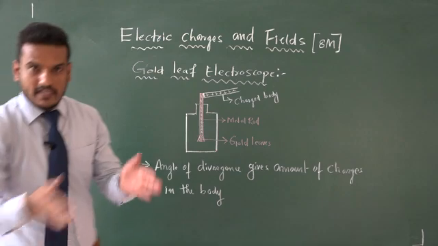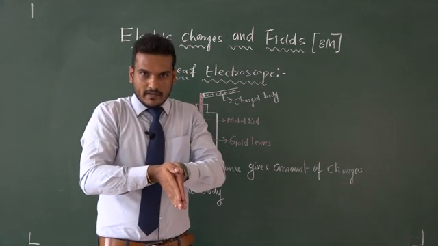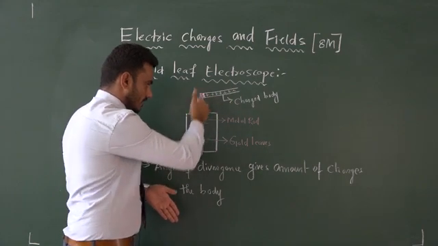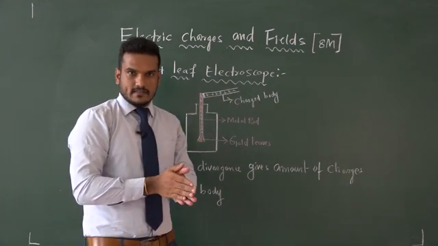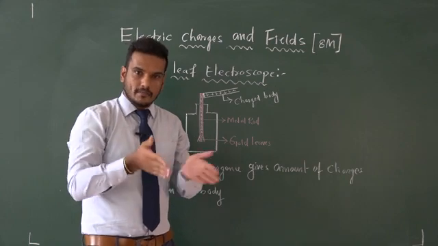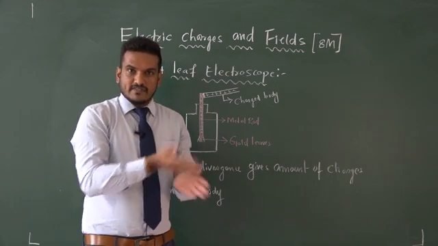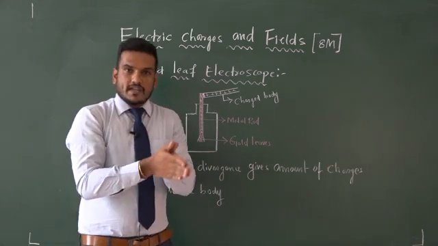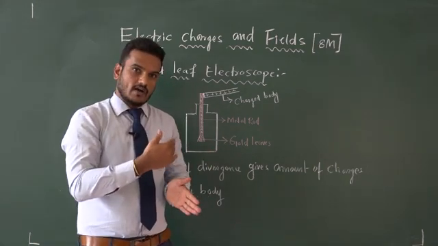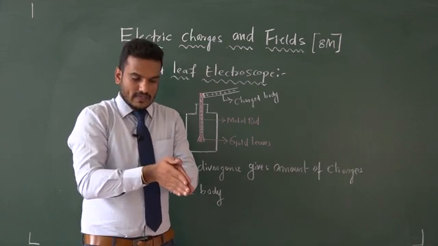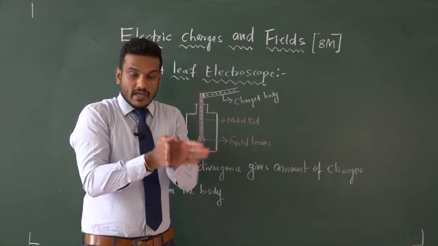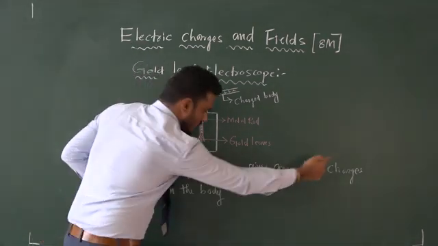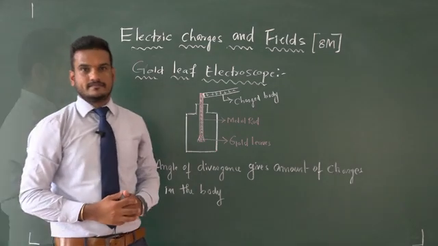Which means initially it was folded like this; charges are flowing continuously from the charged body, and both the gold leaves acquire positive charge. Since we studied in the last concept that like charges repel each other, both the gold leaves acquiring the same charge will repel like this. So the angle of divergence gives the amount of charges in the body.